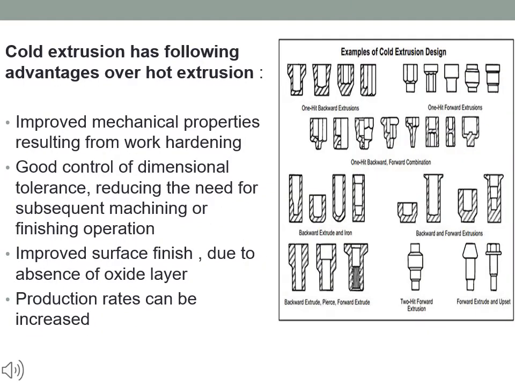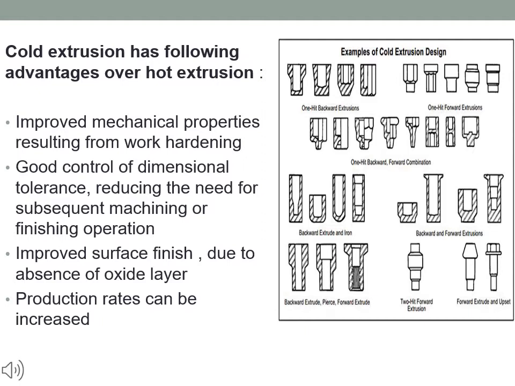Cold extrusion has the following advantages over hot extrusion. Improved mechanical properties resulting from work hardening, provided that the heat generated by plastic deformation and friction does not recrystallize the extruded metal. Good control of dimensional tolerance, reducing the need for subsequent machining or finishing operations.